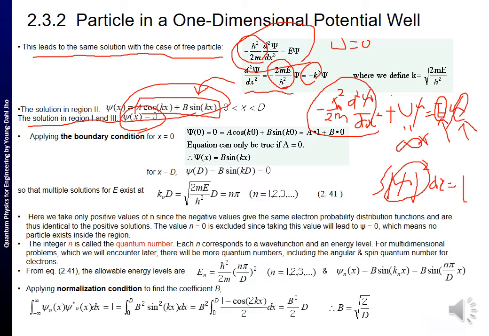To satisfy this condition, wave function psi should be 0. So this is the way in region 1 and region 3, wave function psi should be 0. That's what we are indicating here. The solution in regions 1 and 3, psi is 0.